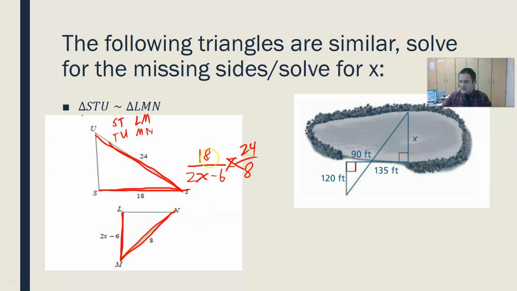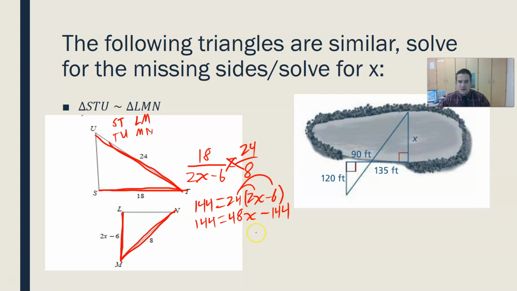So that's going to give me 18 times 8. I don't know that off the top of my head. 18 times 8 is 144, equal to 24 times 2x minus 6. Well, I can go ahead and distribute. 144 equals 48x minus 24 times 6, which is 144.